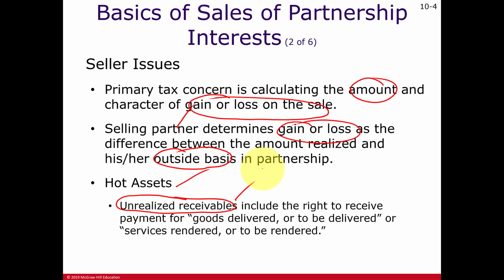Unrealized receivables, the revenue hasn't yet been recorded because they haven't collected the money under cash basis. But it still has value that's still attributable to the partners in the partnership, something they own. Okay, but now they're receiving interest from the partnership, maybe cash, and it could be related to this ordinary income item that hasn't yet been reported.